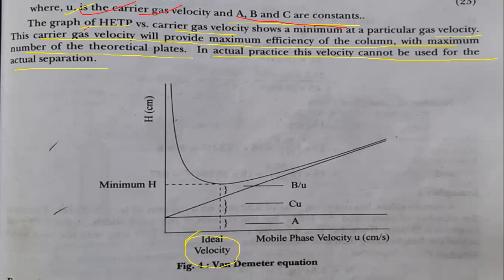So from here we can plot a graph of HETP versus carrier gas velocity, and it shows a minimum at a particular gas velocity. Okay, and that carrier gas velocity will provide the maximum efficiency of the column. Which one? This one. This minimum height is there, no?